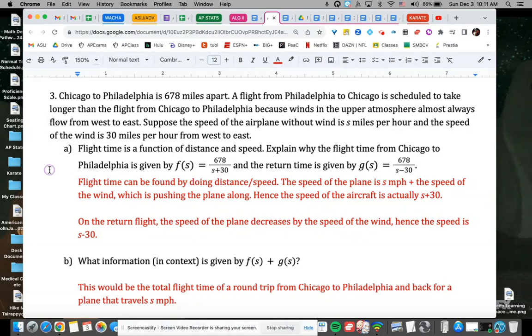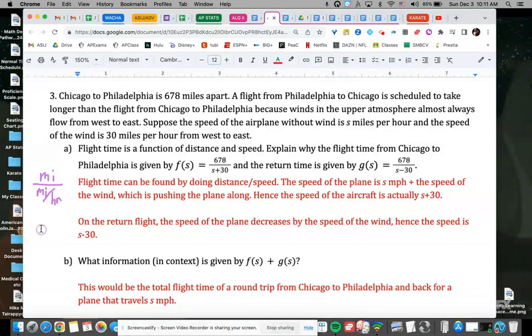Now, why are we dividing? Well, 678 is miles, right? That's how many miles I'm traveling. And the s plus 30 is a speed. It's just a formula, usually miles per hour. Your flight speed s is in miles per hour. So if I divide miles, which is the 678, by miles per hour, which is the speed, right?